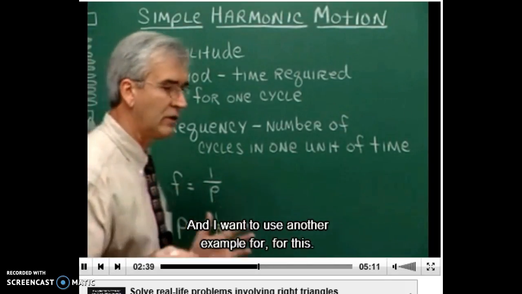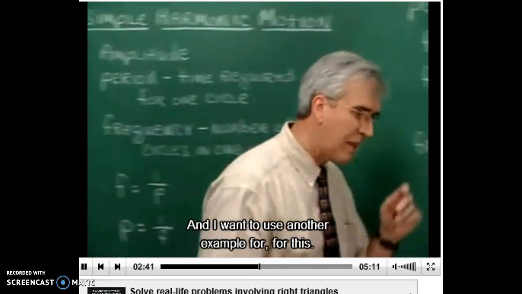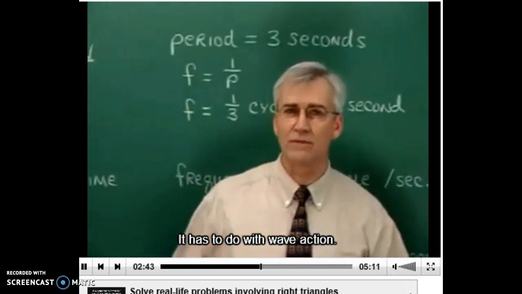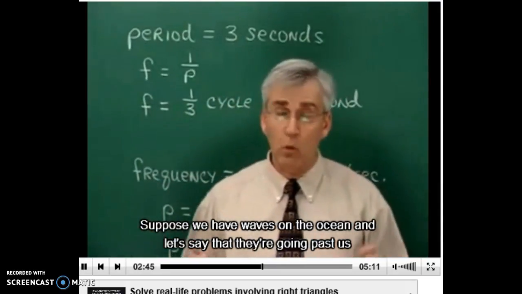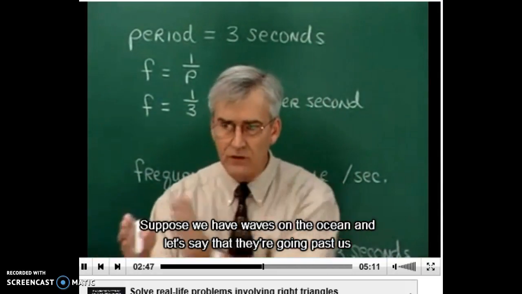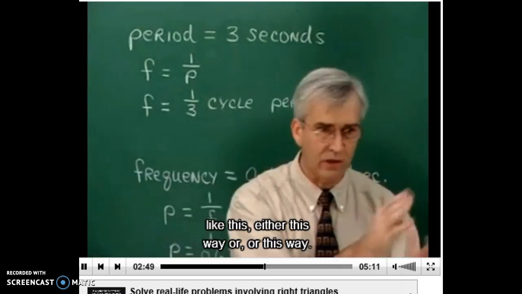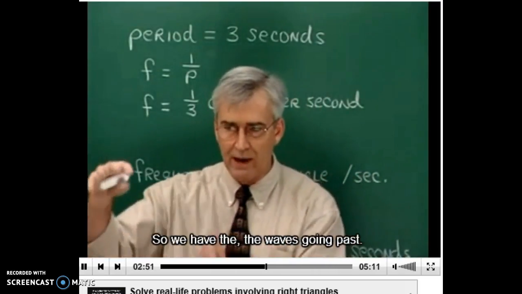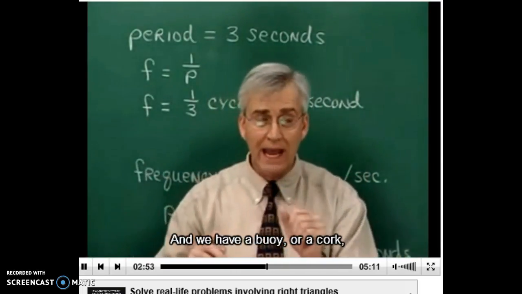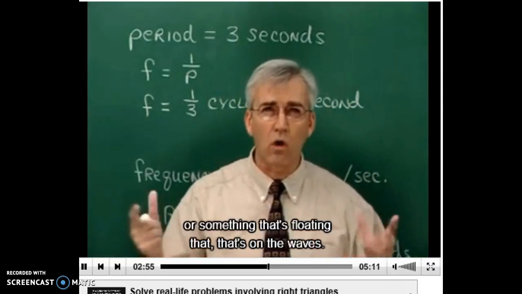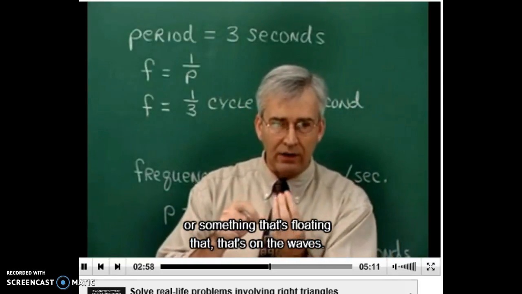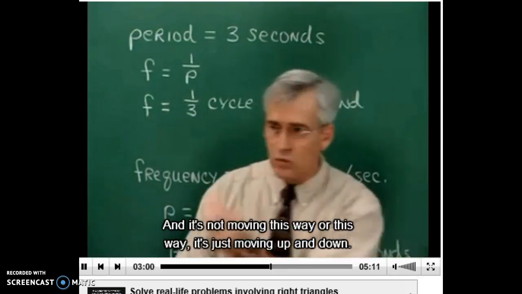Now, let's concentrate on period and frequency just a little bit more. And I want to use another example for this. It has to do with wave action. Suppose we have waves on the ocean, going past us like this, either this way or this way. And we have a buoy or cork or something that's floating on the waves. It's not moving this way or this way.